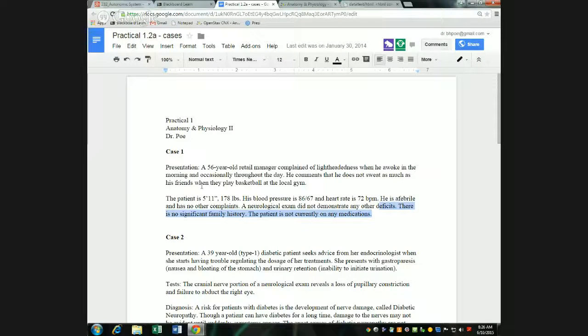The case we're going to look at today is actually quite short. It's just these two short paragraphs here. But it has a lot of information that we can get out of that if we sort of approach it the right way.